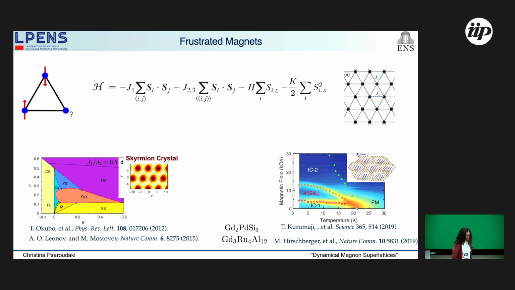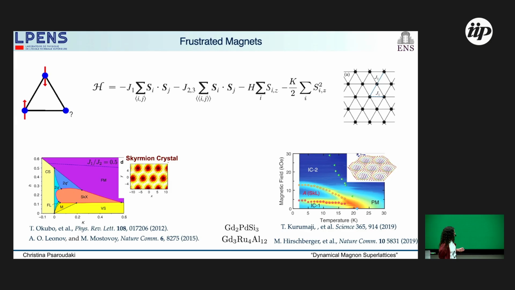Now there is an emergent material category which is based on frustration, and the model is the one that I give here. So we have ferromagnetic interactions between nearest neighbors and antiferromagnetic between next-nearest neighbors. These are also competing interactions. We can also have the magnetic field and some anisotropy.